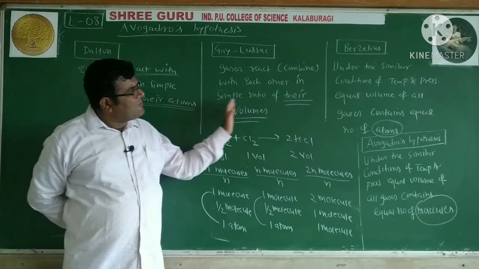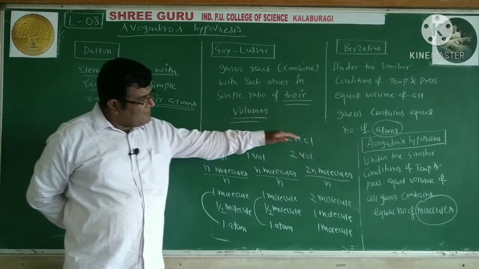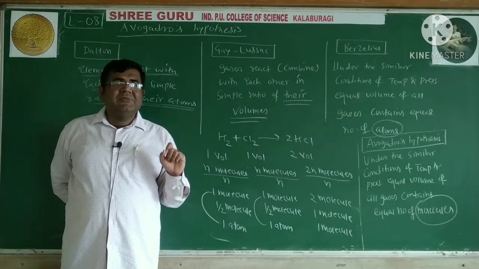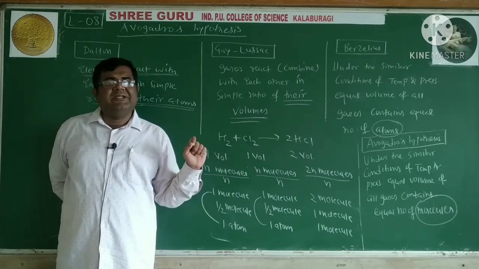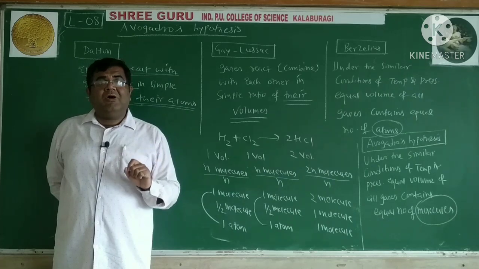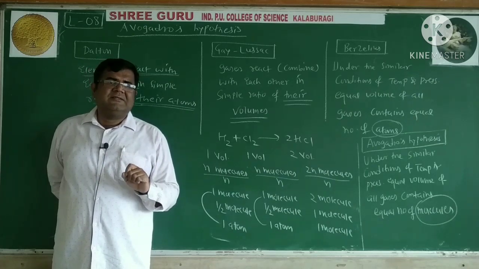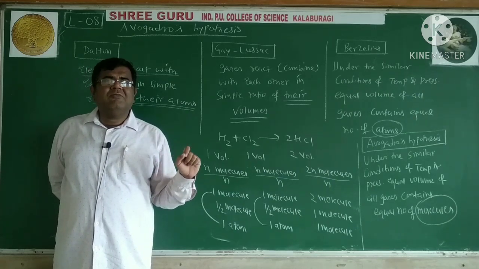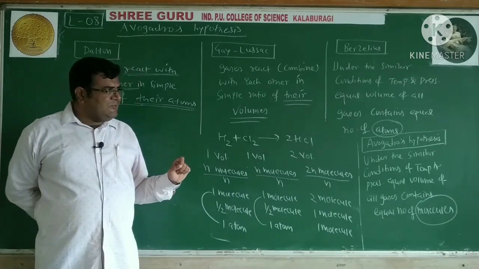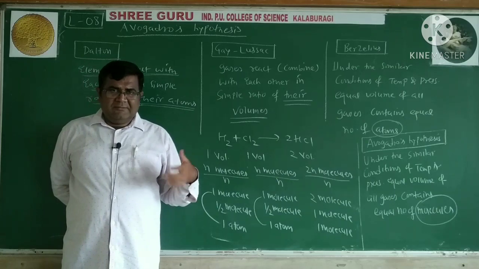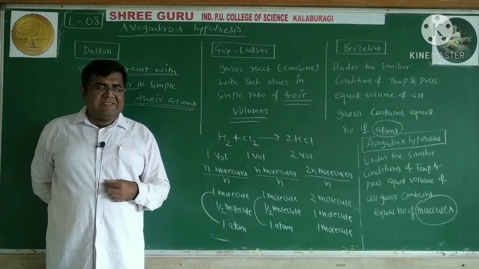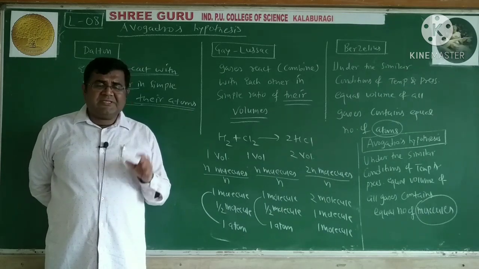So these 4 sentences, particularly the last sentence, Avogadro's hypothesis: under similar conditions of pressure and temperature, equal volume of all gases contains equal number of molecules. This is a very important concept. We'll use this in calculations of the mole concept in the next class.